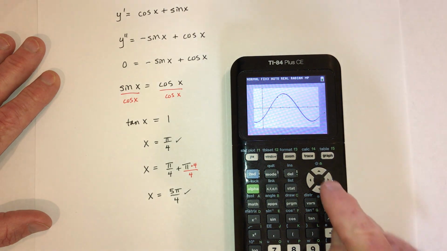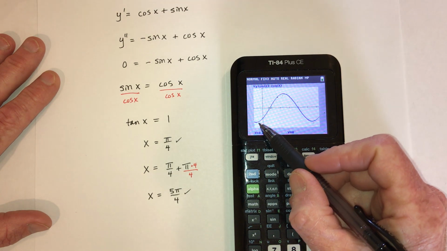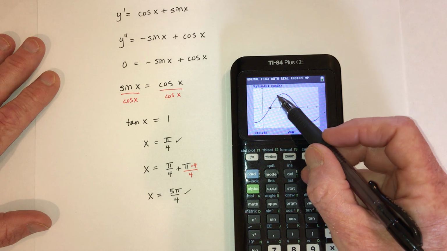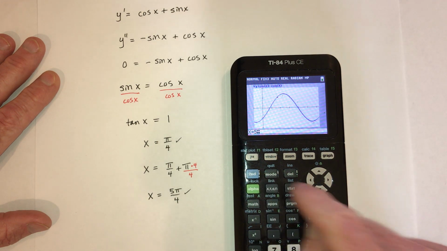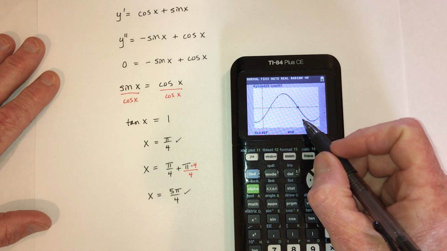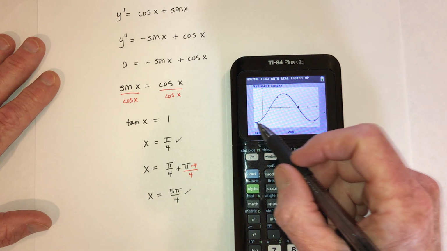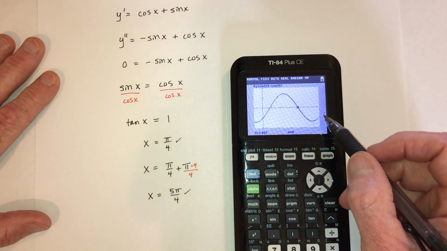So if I type in the pi divided by 4, so this part is concave up, and then it changes to concave down, and then at 5 pi divided by 4, this last part in here is concave up. So it goes concave up to concave down to concave up.